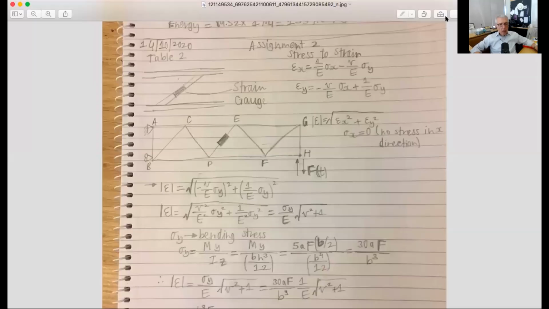Truss members are assumed to be joined by pinned joints. So the only forces acting on truss members are axial forces, be it tension or compression. So exclusively axial forces, which can be either tension or compression.